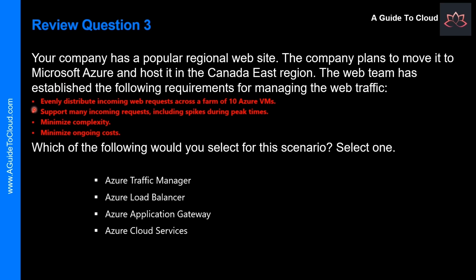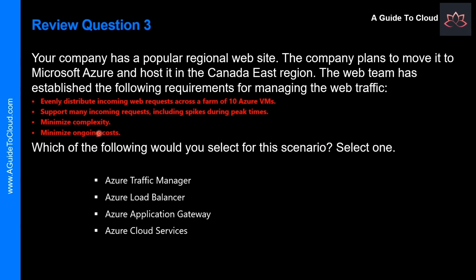The requirements are: evenly distribute incoming web requests across a farm of 10 Azure VMs, support many incoming requests including spikes during peak times, minimize the complexity, and minimize ongoing cost. Which of the following would you select for this scenario? We just need to select one.